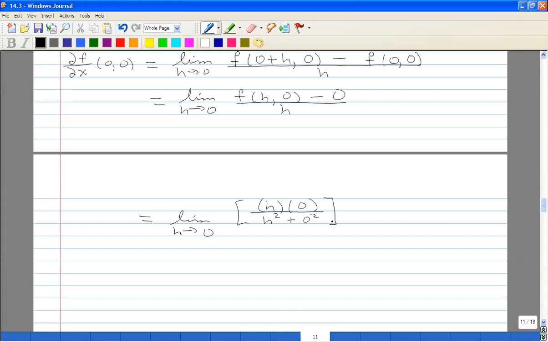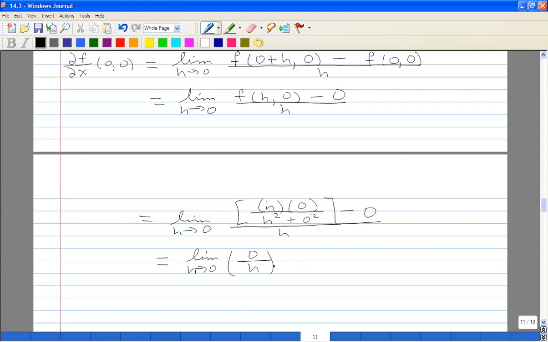I'm assuming h here is not 0 because I'm taking a limit as h approaches 0. Minus 0, so it looks nicer. But notice that this is 0, and 0 minus 0 is 0.